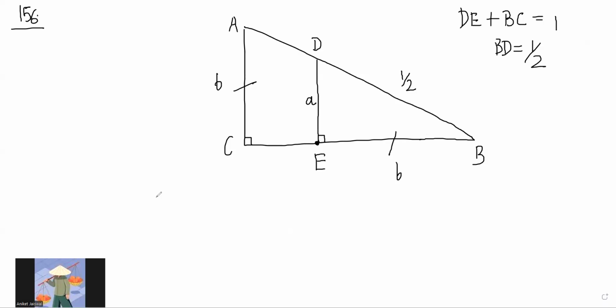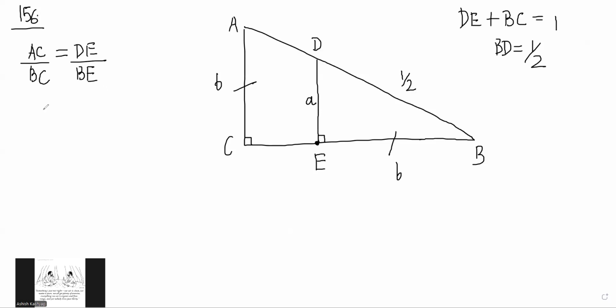So now we have these two, which are obviously similar triangles. The big right angle triangle is similar to this one. So you can say AC by BC is equal to DE by BE, right?